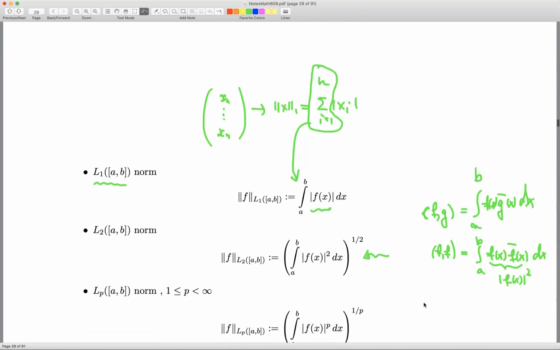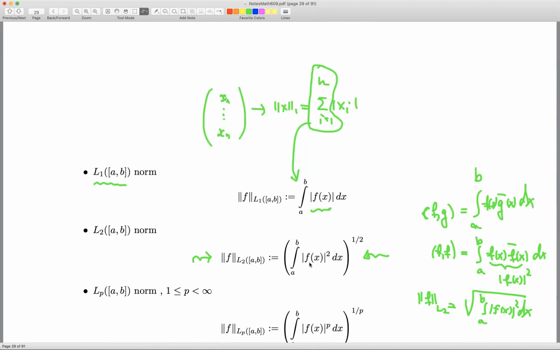And then we know that the norm would be the square root of f inner product with itself. So it will be the square root of the integral from A to B of the absolute value of f of x squared dx, which is exactly what we have here. So this L2 norm is actually the norm induced by the inner product.